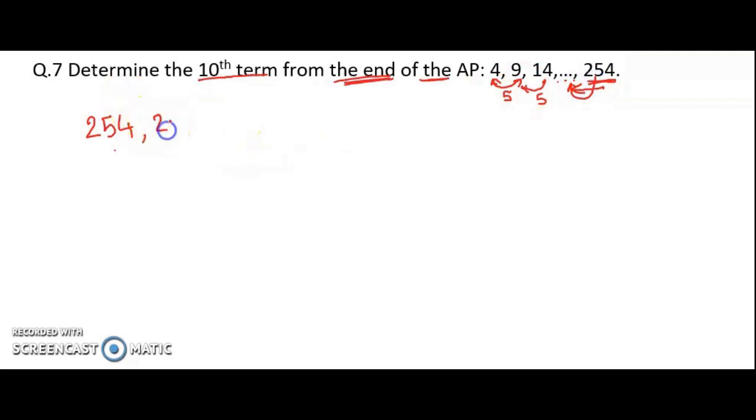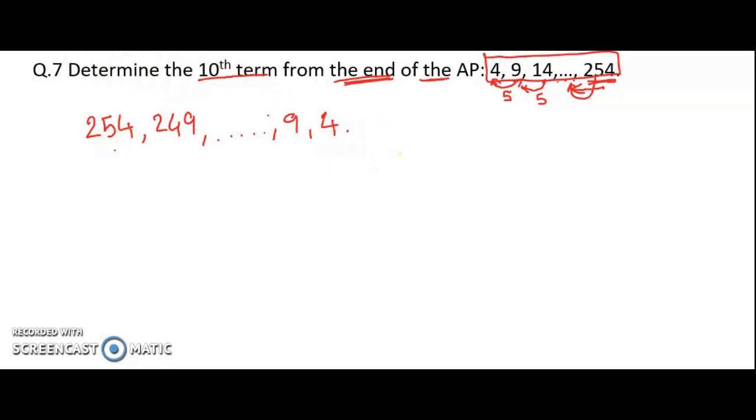So the next term will be 249, right? Like this. And the second last term will be 9 and the last term of the AP will be 4. So we have written this AP in reverse way.